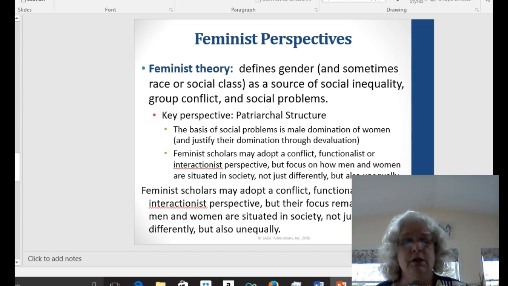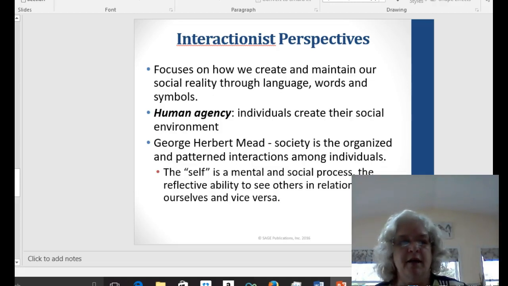But it's important to understand that this theory defines gender as the source of inequality, and the fact that society has constantly looked at the male perspective. And with that, we also think about it in our society as well as European society, that they've looked at white male as the main source. And so we have to evaluate that.